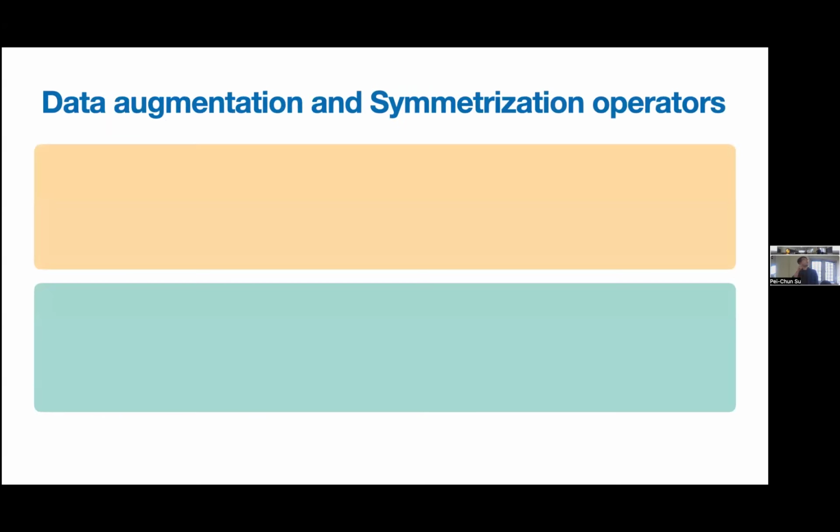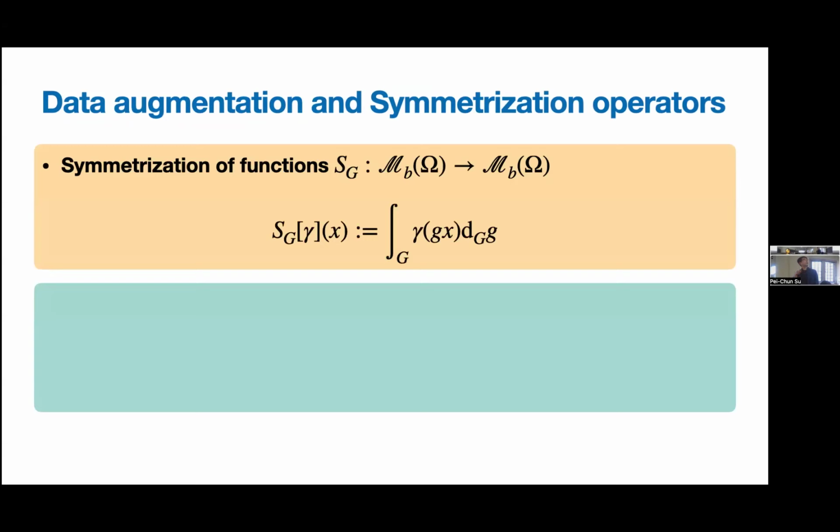A little bit more math formulation here. Consider arbitrary functions that are not necessarily G invariant. We can introduce a symmetrization operator to take an average over all the group elements or group orbits, so that for any non-G-invariant function gamma, the output averaged function is guaranteed to be G invariant.